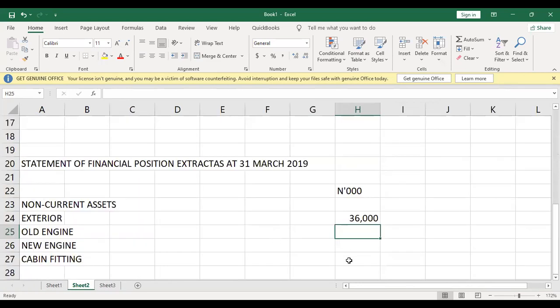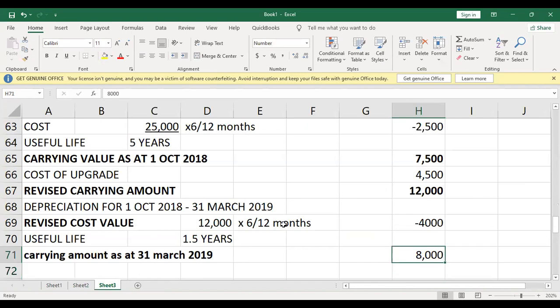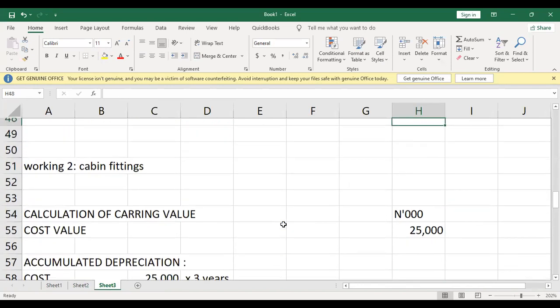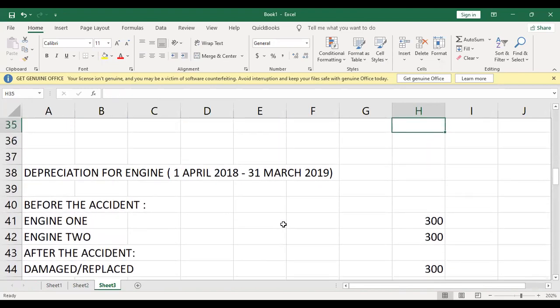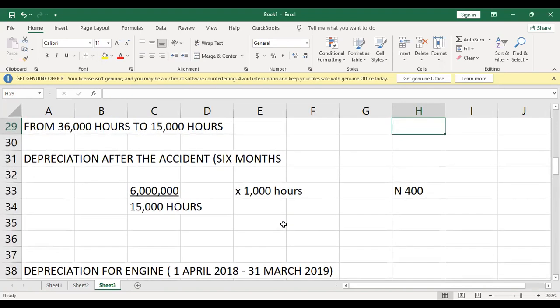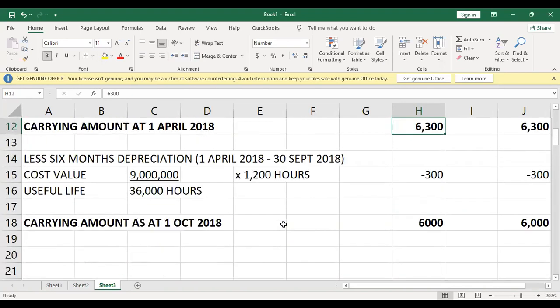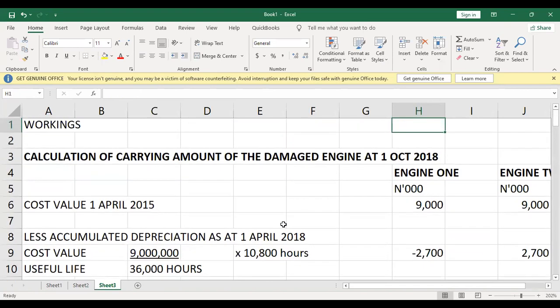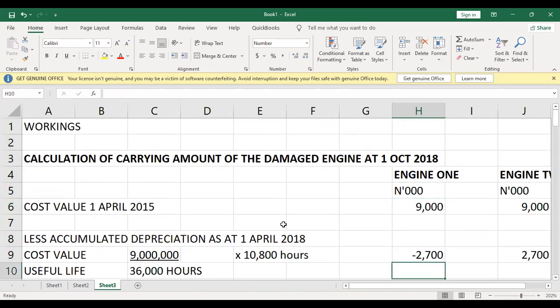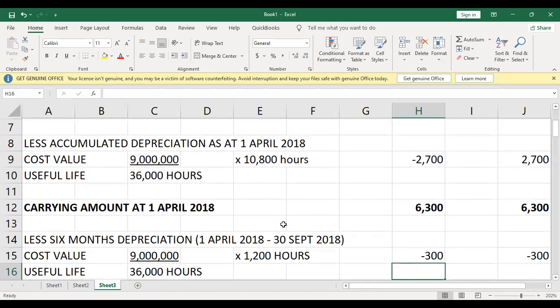So we pick it. Now the carrying amount for engine.